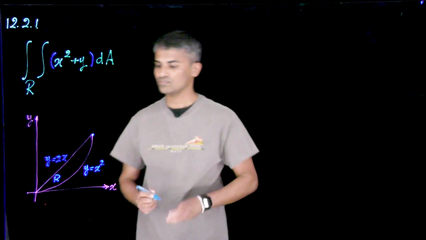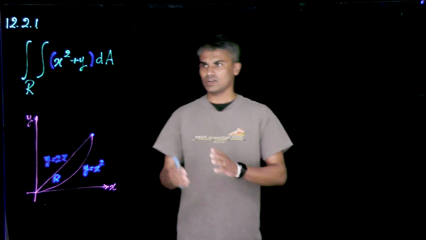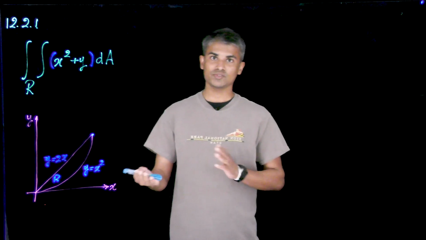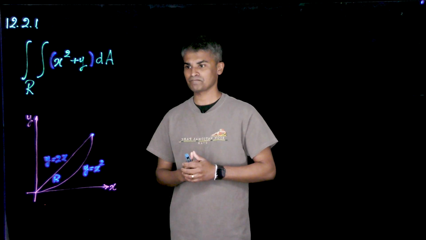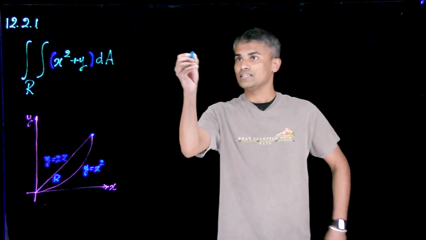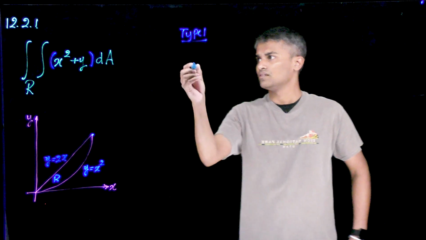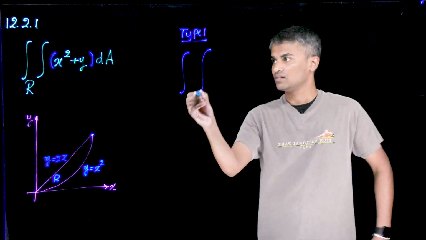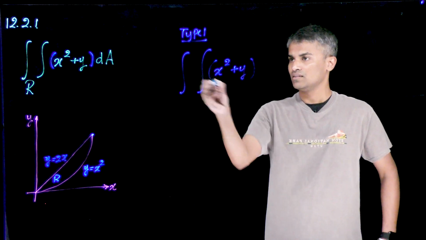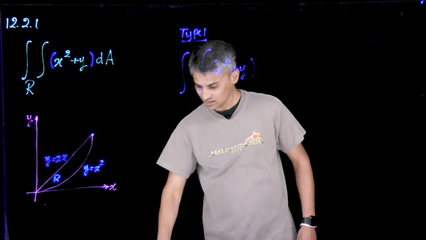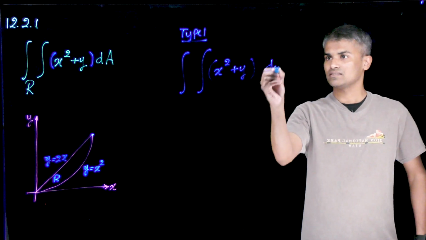Our region R is this. Now, to solve this problem we can use either type 1 or type 2 double integrals. So this is type 1. We have x squared plus y. In type 1 the order of integration is dy dx.